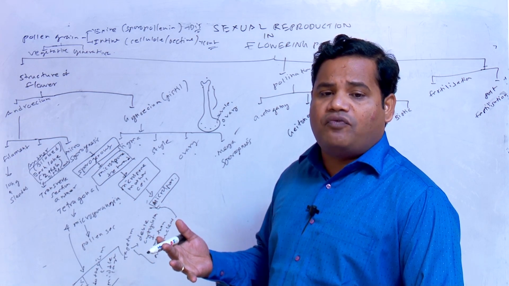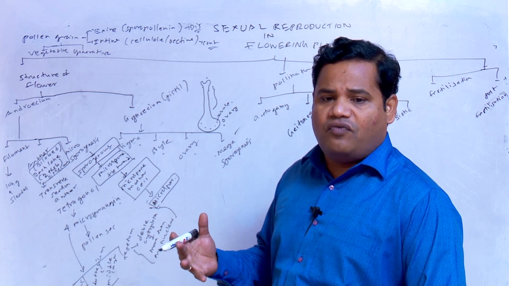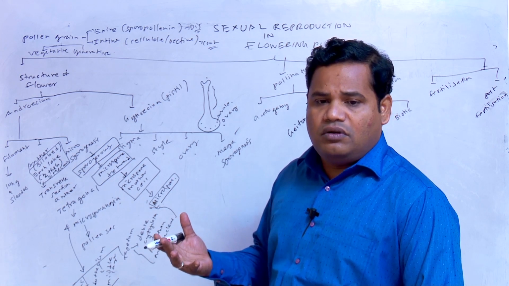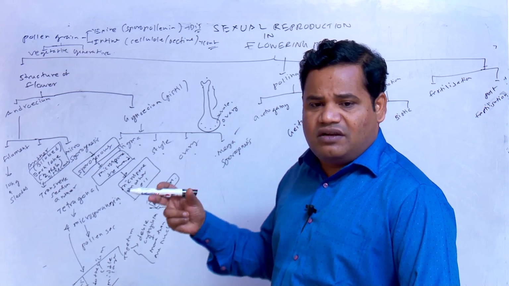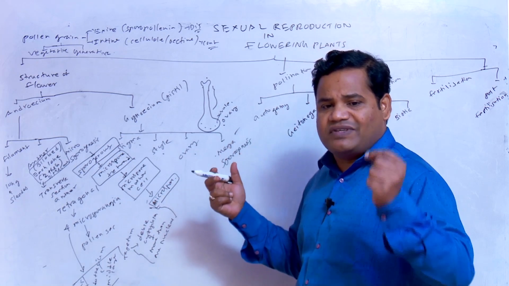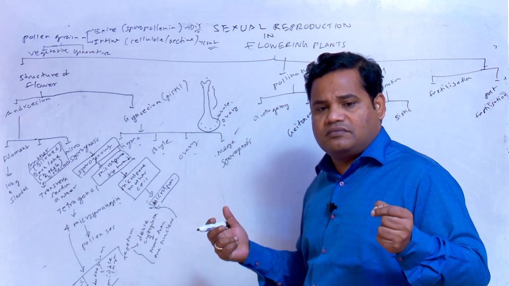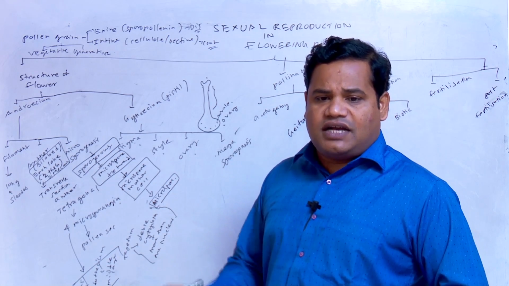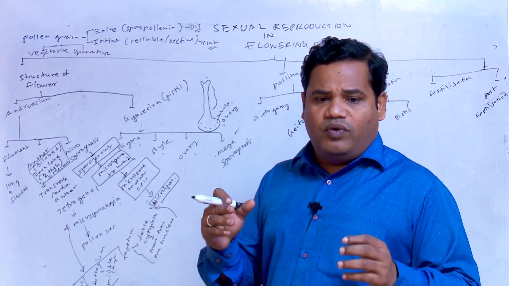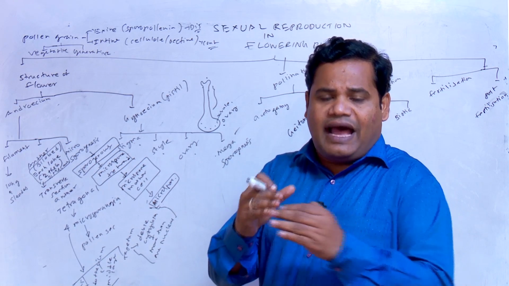The ovule is a small structure attached to the placenta by means of a stalk called the funicle. The junction where the body of the ovule and funicle fuse is called the hilum.